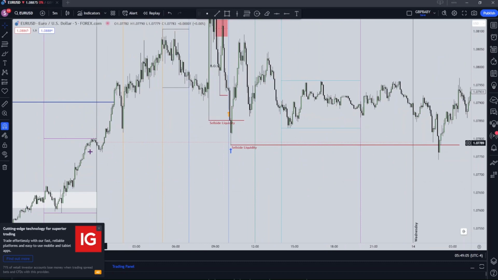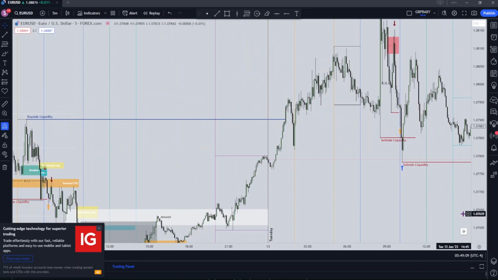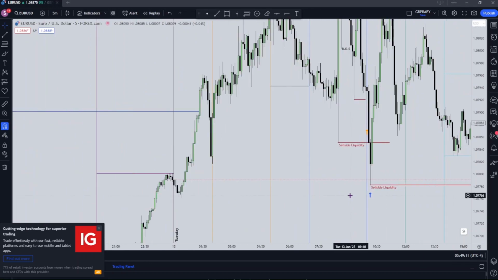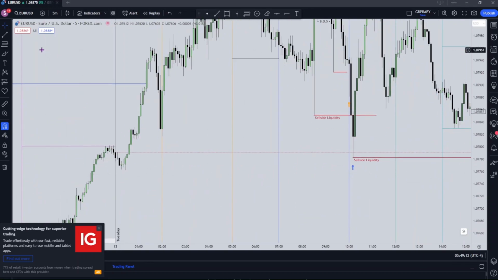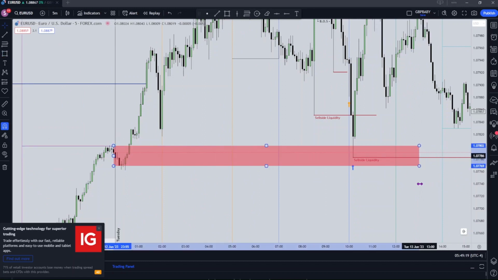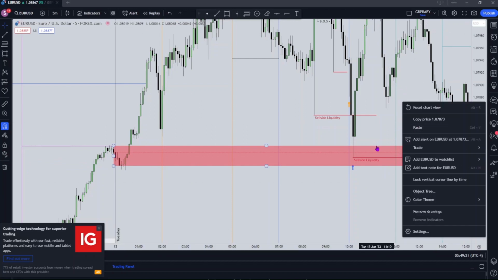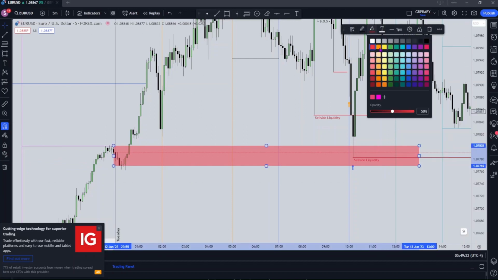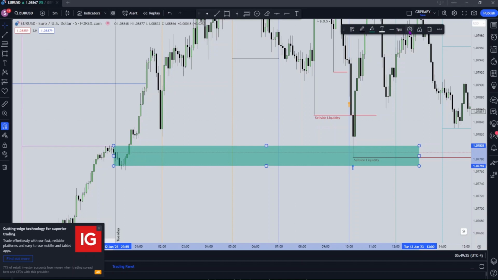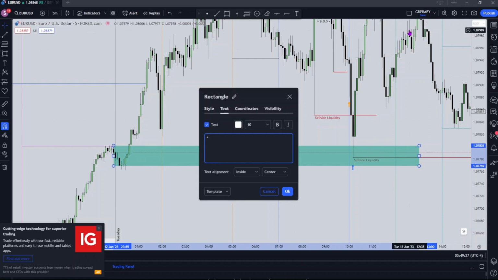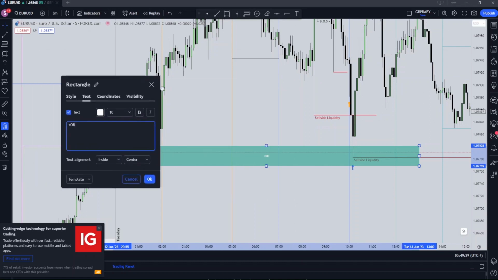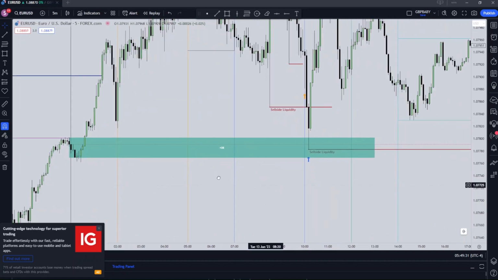And also I want to mark out how this trades into the 50% level of this bullish order block even. So we have bullish order block there.